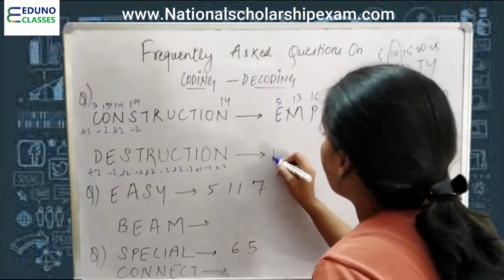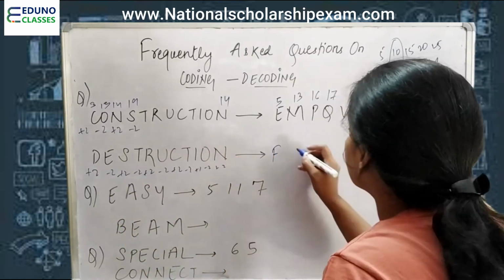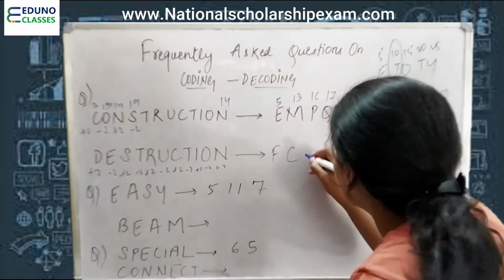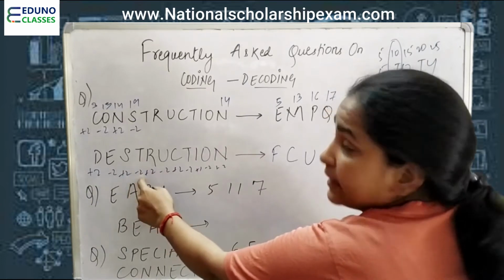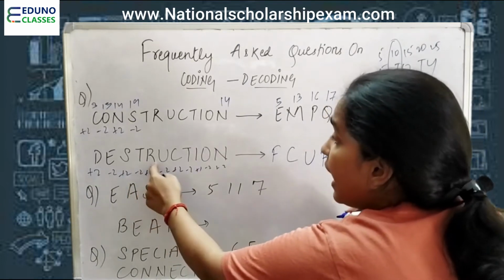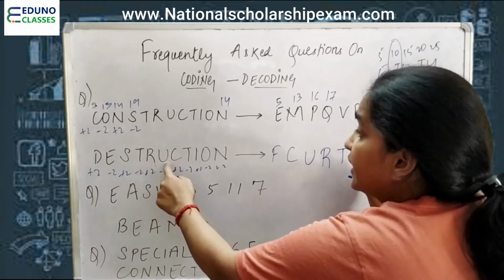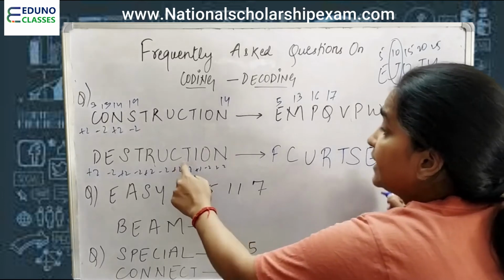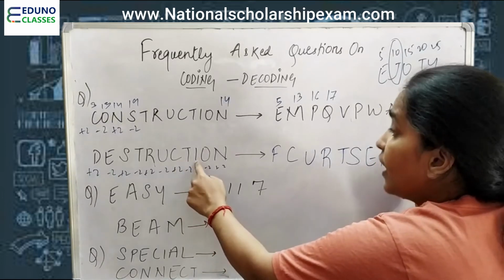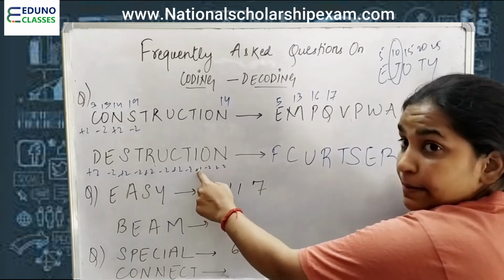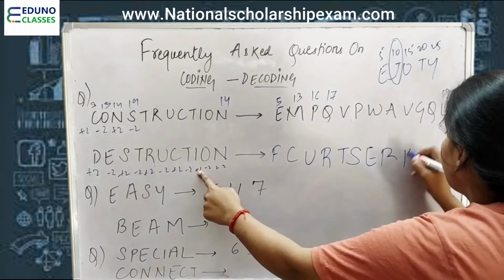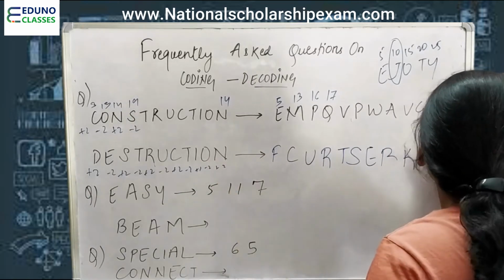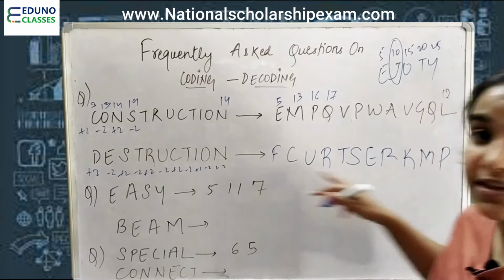D plus 2 is F, E minus 2 is C, S plus 2 is S, T, U. T minus 2 gives R. R plus 2, we go to T. U minus 2, we go to S. C plus 2, we go to E. T minus 2, again R. I plus 2: I, J, K. Now O minus 2 is M. N plus 2 is P. So this is now coded as this.